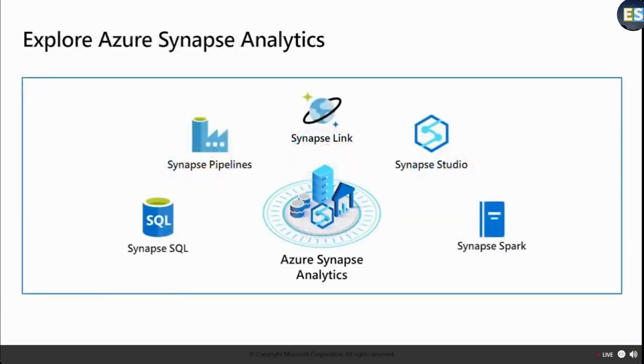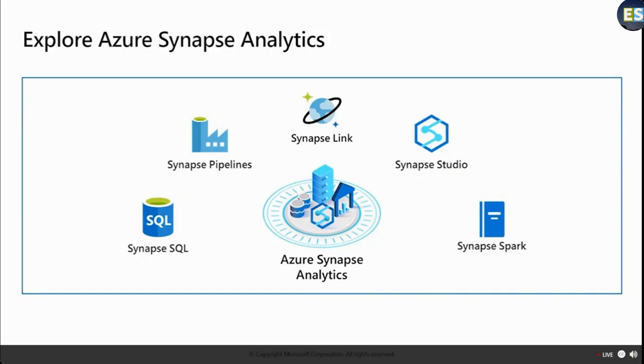Now, Azure Synapse Analytics is made up of a couple of components. There is the Synapse SQL pool, there is the Synapse Spark pool, there are Synapse pipelines, Synapse Link, as well as the Synapse Studio. Synapse SQL pool is a collection of servers running Transact SQL or TSQL.